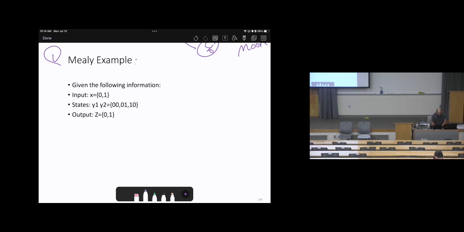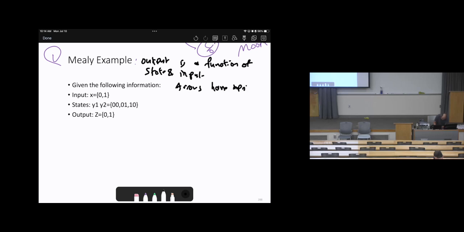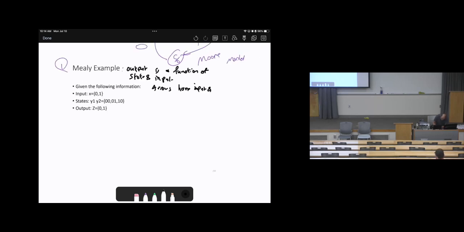Keep in mind, I'm going to write some information: the output is a function of states and inputs. This is one of the most important things. And here we have arrows that have inputs and output labels. Okay? So you need to be aware of this.